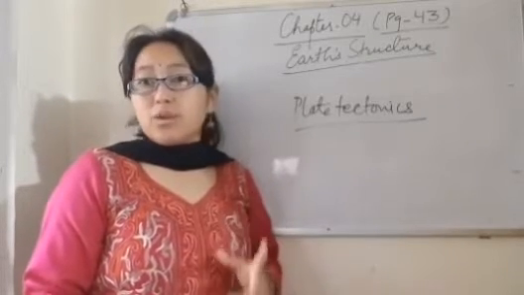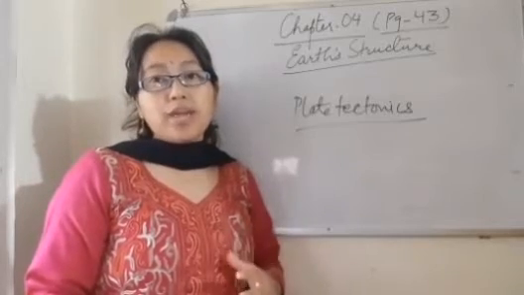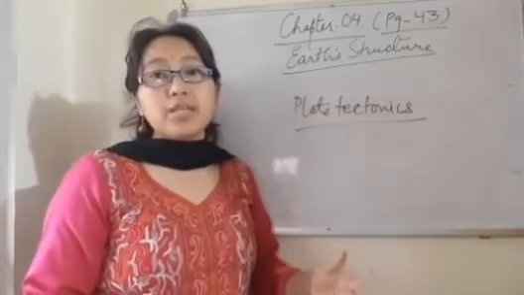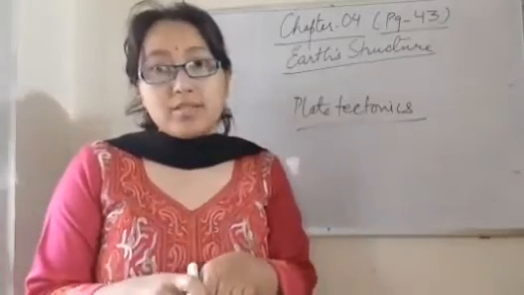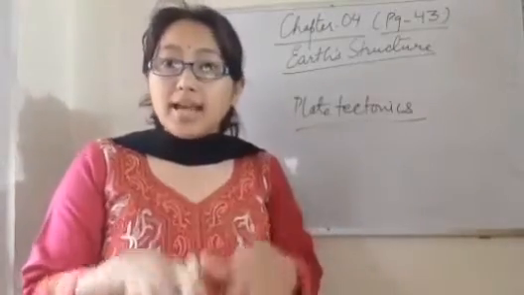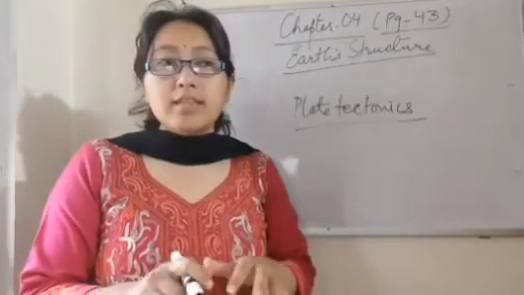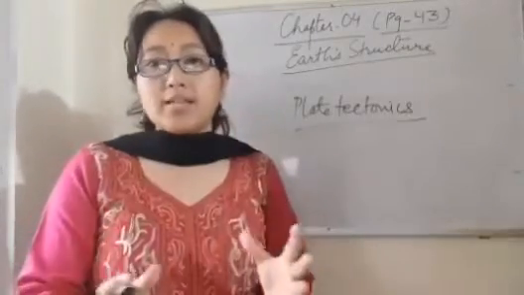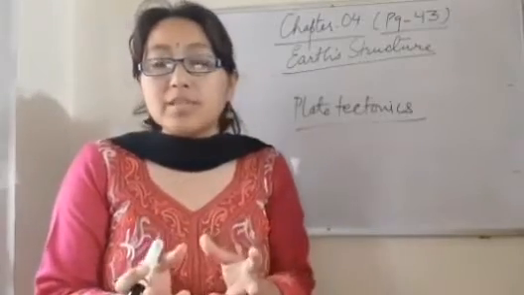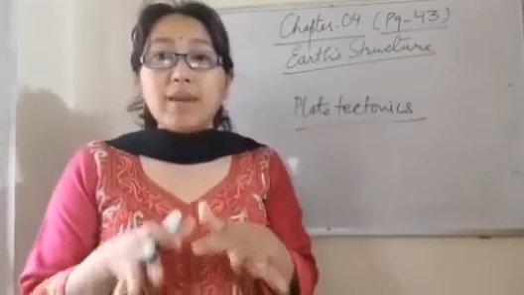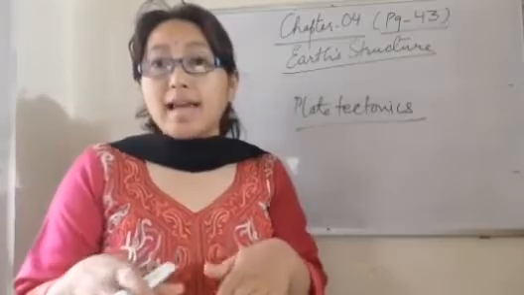So we know seismic waves is what? Seismic waves are waves which are generated after two tectonic plates collide. We know inside this earth there are several plates. In general terms, plates are like slabs.